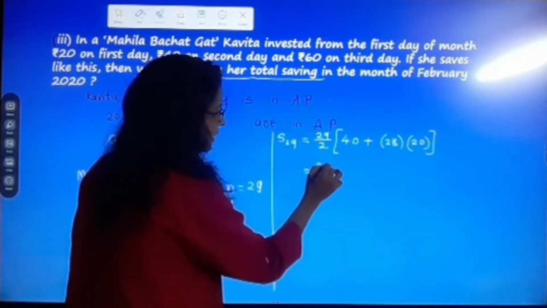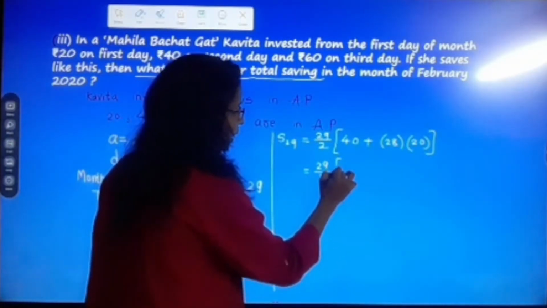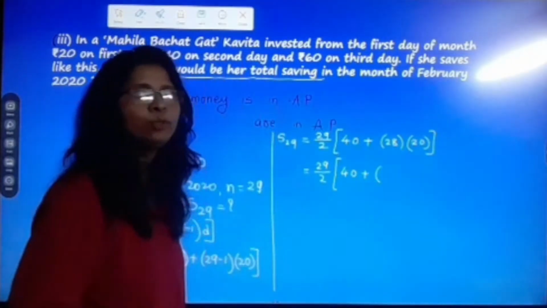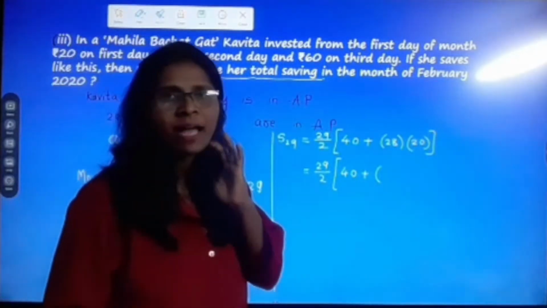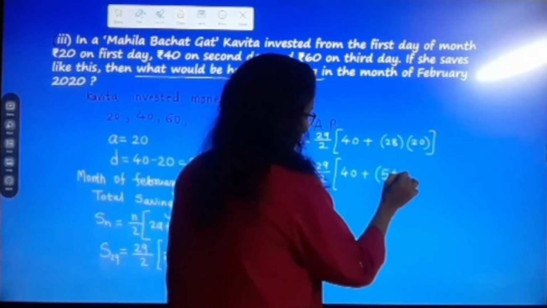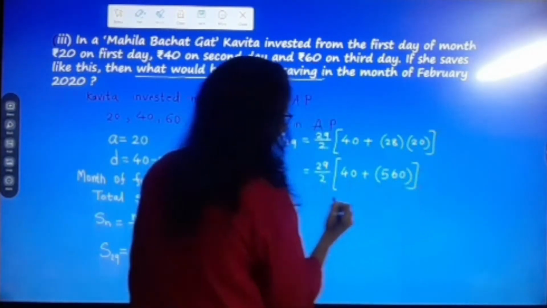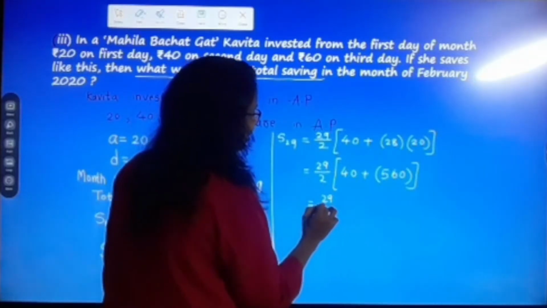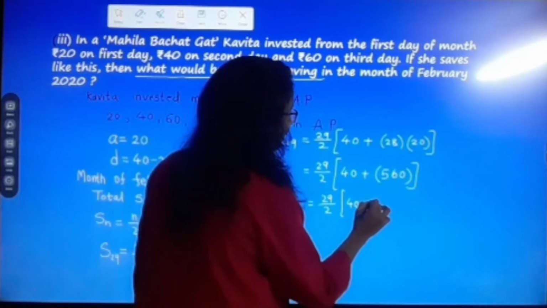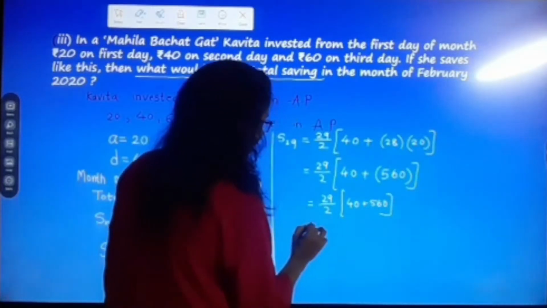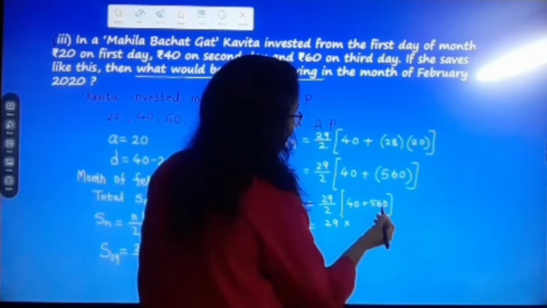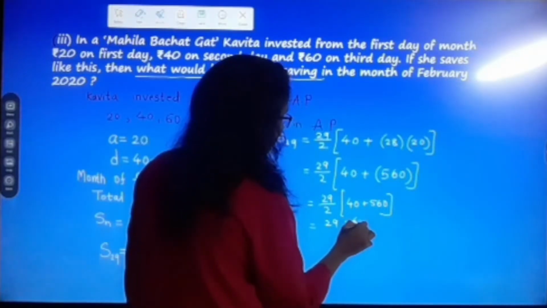So here 29 upon 2 in the bracket 40 plus 28 twos are 56, so here 560. Okay. So now 29 upon 2 in the bracket 40 plus 560. So the answer is 560 plus 40, that means 600.